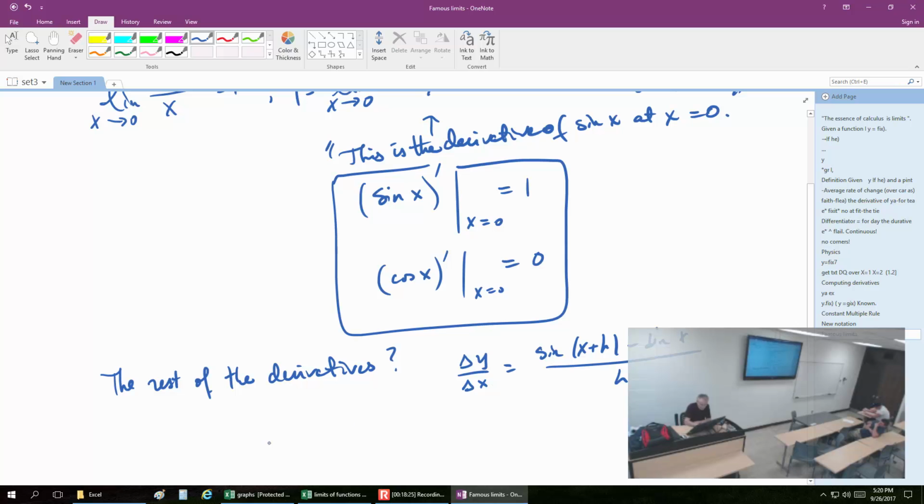Okay, and then I am using the formula for the sine of the difference, which is equal to 2 times sine of the half-difference times cosine of the half-sum. Okay? So let me just write it out: 2 sine of h over 2 times cosine of x plus h over 2, over h.